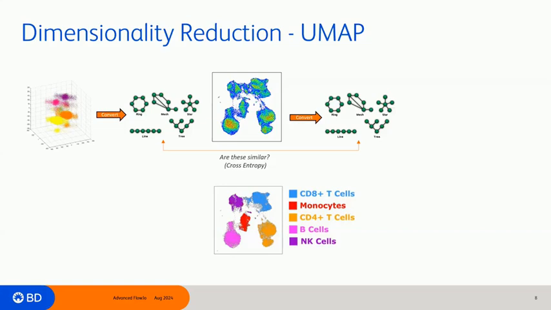Researchers might use UMAP to explore cellular heterogeneity, track changes in cell states, or identify rare cell populations that might not be visible with traditional gating strategies. And in FlowJo, it's easy to integrate UMAP into your analysis. That's a great way to get this powerful tool for reducing dimensionality and uncovering those insights.